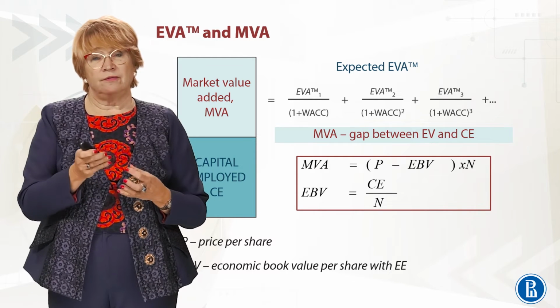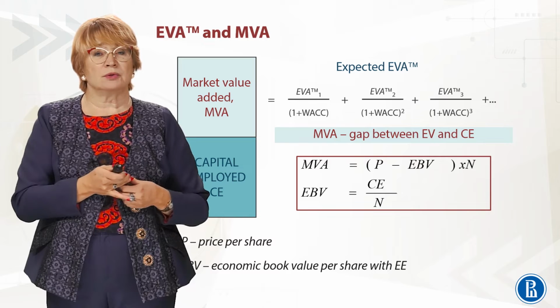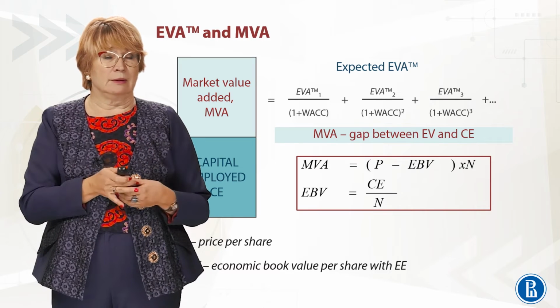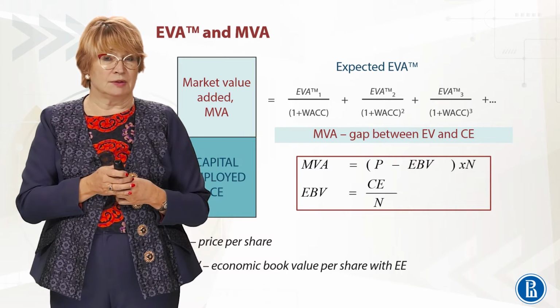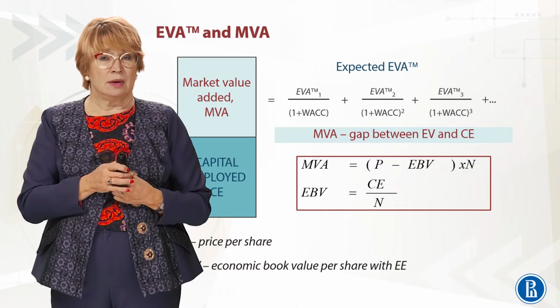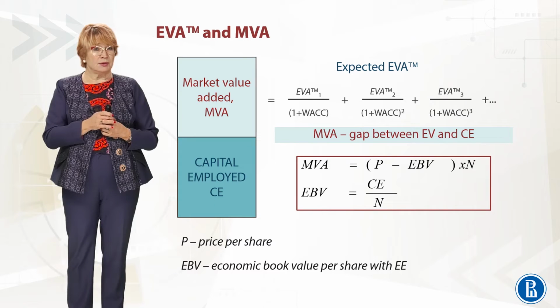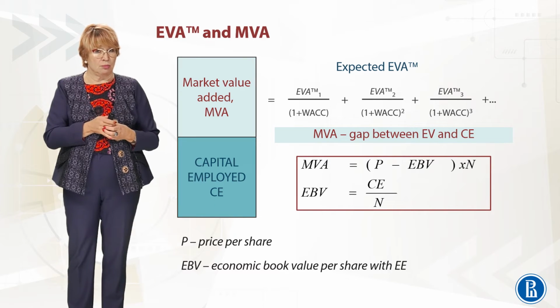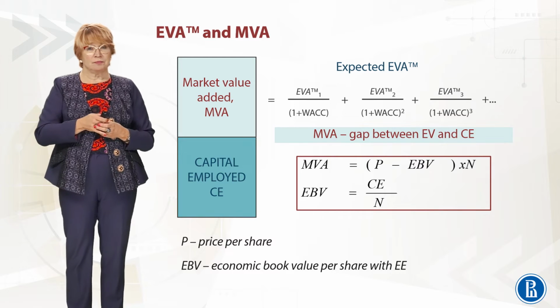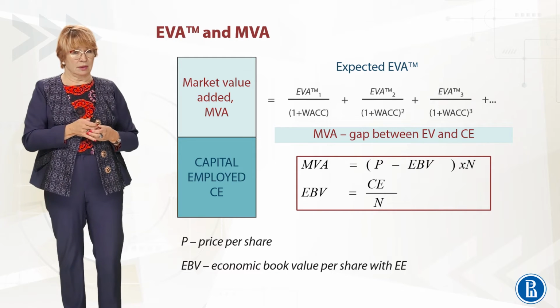So in the equation here, you will see that MVA is equal to the difference between price per share minus economic book value per share, and then multiplied by the number of shares outstanding.